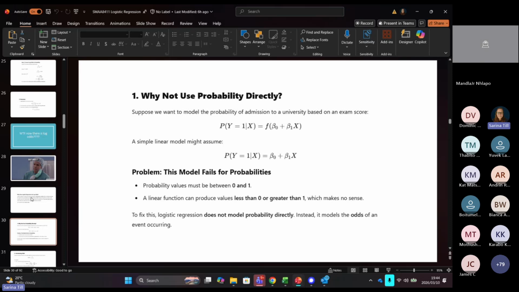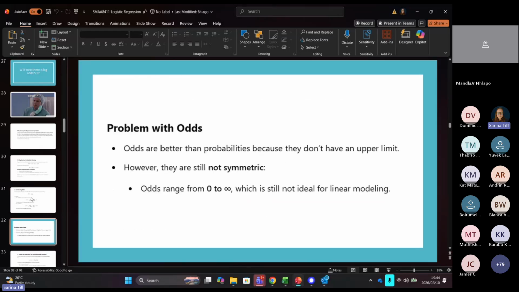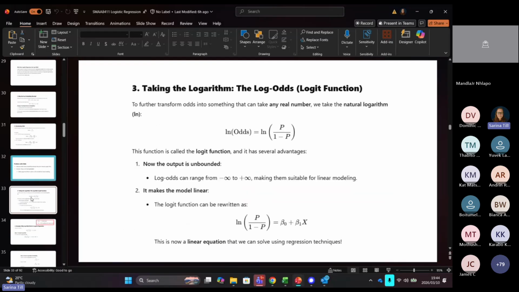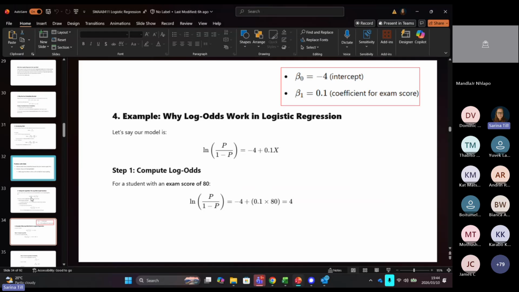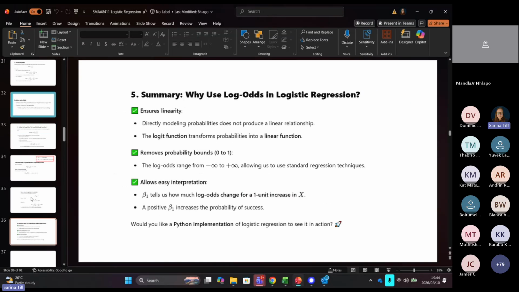So we can't use probability directly; we work out, and this is just an example, how odds are worked out. We work out our regression score, we shove that into sigmoid, and we get our output. It converts it back to a probability. Why? It ensures linearity, it removes the probability bounds, and it allows for easy implementation because it is statistically and mathematically convenient.